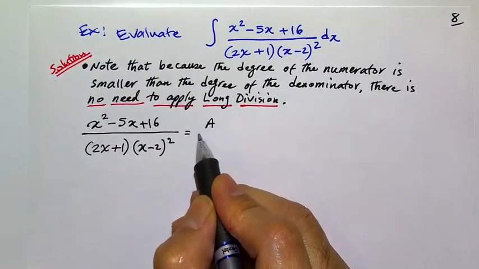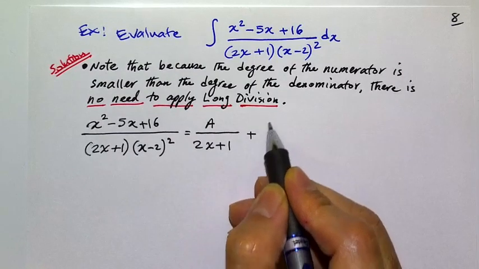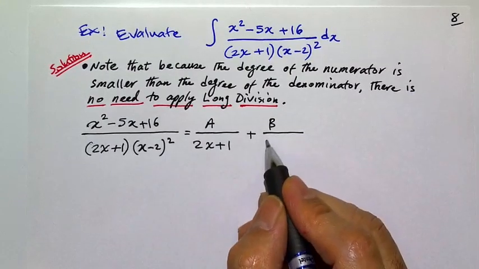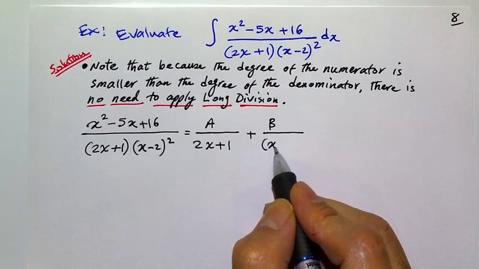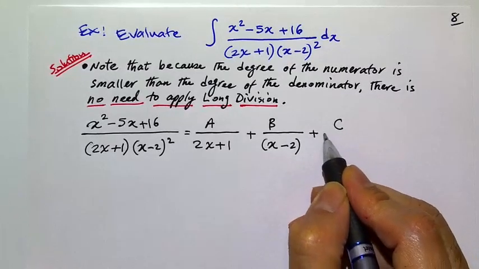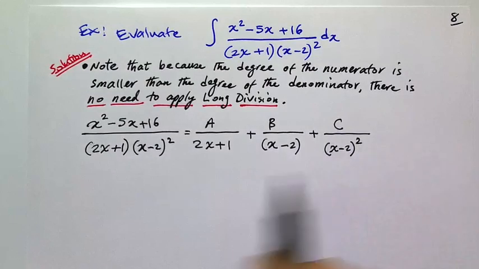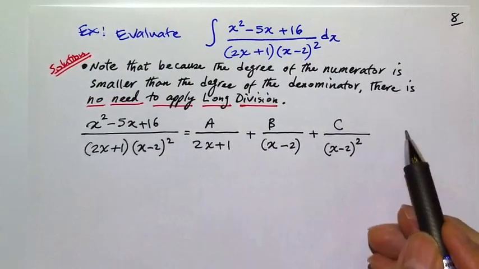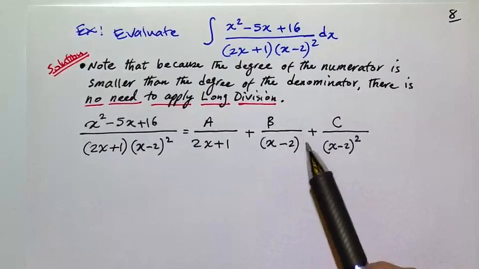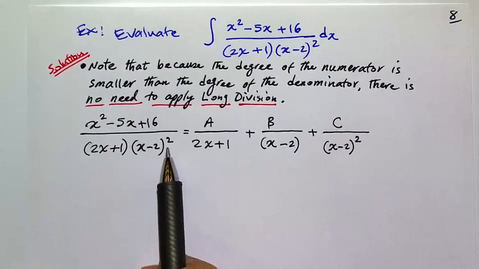So we can write it equals A over (2x plus 1), plus, we have a repeated factor here, so we list that one with power 1 as B over (x minus 2), and then the third fraction, C over (x minus 2) squared. If this was cubed, we'd have to have D over (x minus 2) cubed. So we have to write one fraction for each power, increasing the power all the way to the highest power.